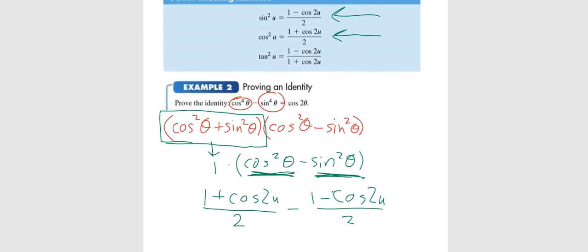Okay? If only these had common denominators.